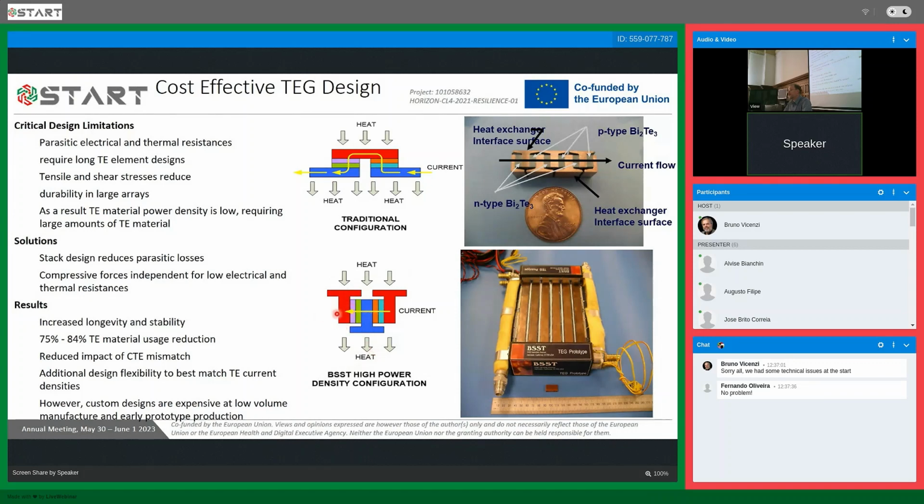But in this design, we stacked up the thermoelectric materials in what we call the T or Y-shaped design. And this was an interesting design from the standpoint, for one, if you have different P and N type materials, they will expand potentially differently when they're heated up, causing a potential problem where you could have damage to the part.